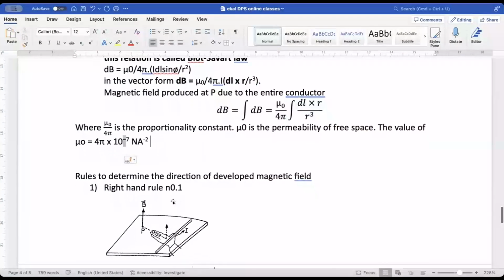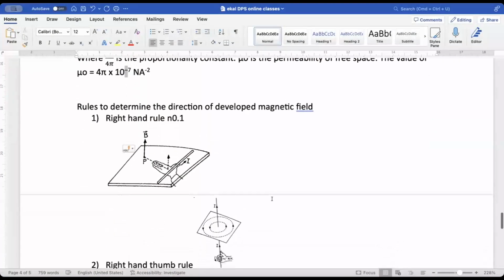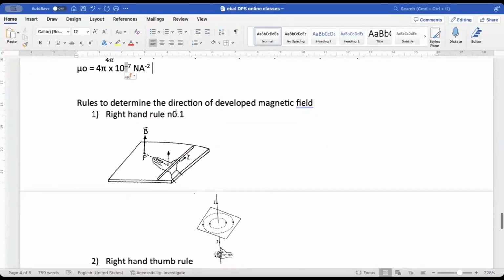And now, what are the rules to determine the direction of the developed magnetic field? Rule number 1 is the right hand palm rule number 1. What does it state?